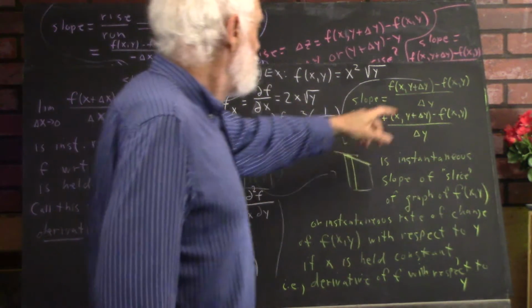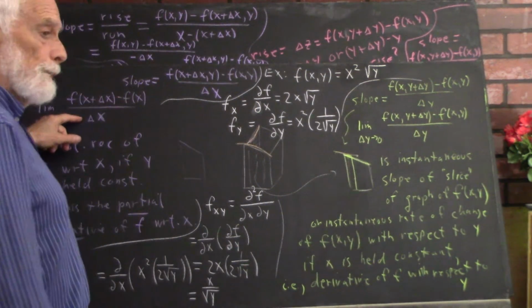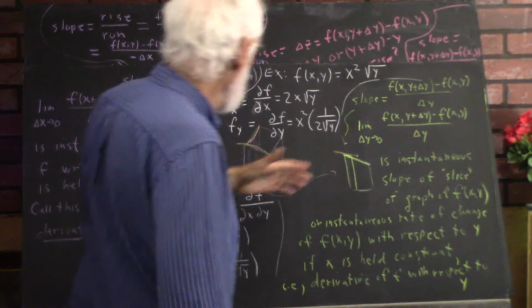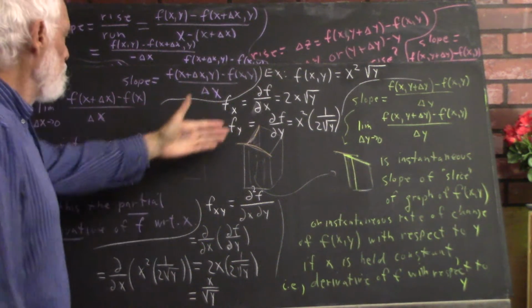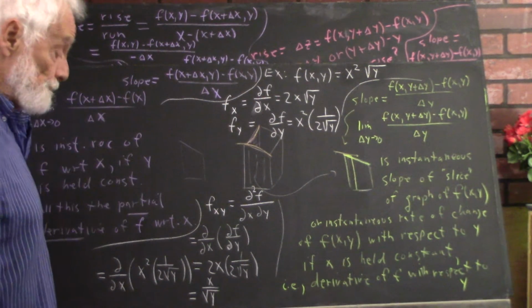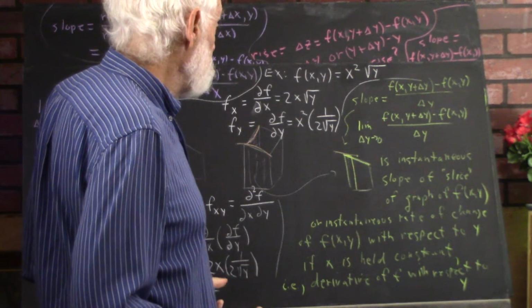So we have this expression for the slope and this expression for the slope. This expression for the slope on this face, this expression for the slope on the purple face. Now that slope represents the rise divided by the run.